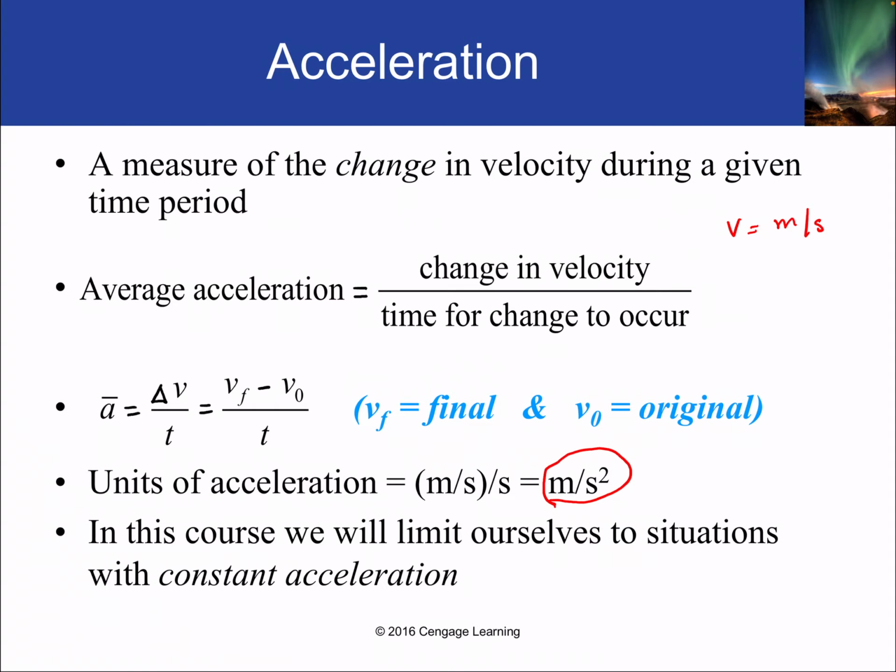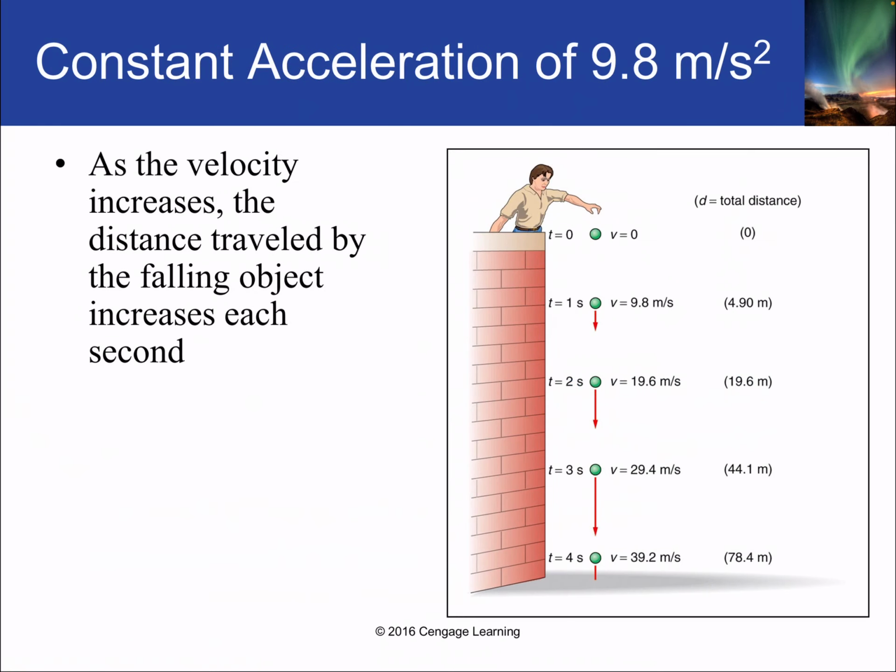Now, in physical science, we're going to limit ourselves to situations where we have a constant acceleration. So if you look at this picture, as your velocity increases, the distance that's traveled by that ball is going to increase with each second.